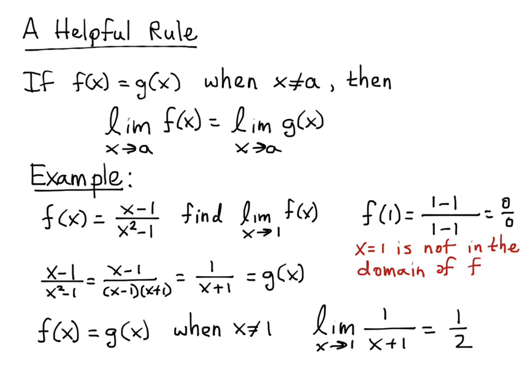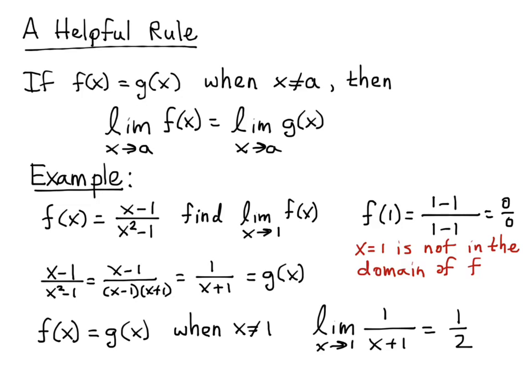Because if x is just a little bit less than 1, the denominator gets closer and closer to 2. Same thing coming from the top. At something like 1.00001, the sum will be 2.00001, and you'll get something close to 1/2.